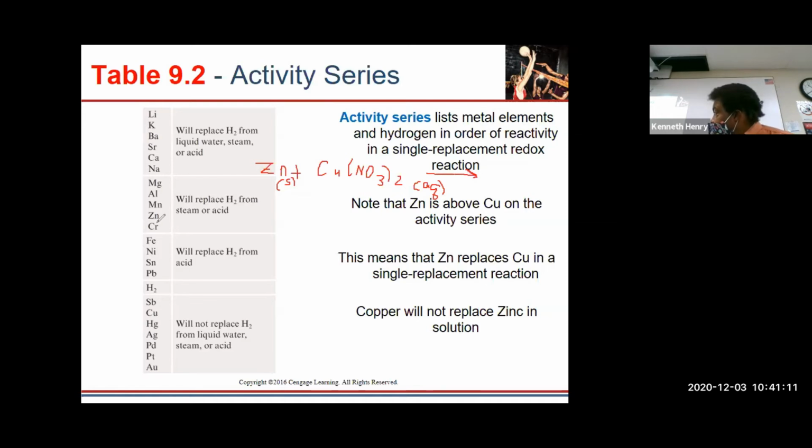Here's zinc, here's copper. Since zinc is higher than copper, zinc can replace copper in solution. So then you'll get a reaction.